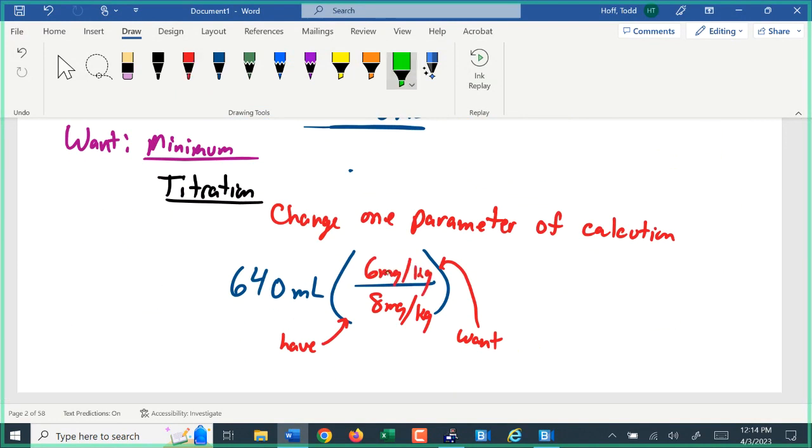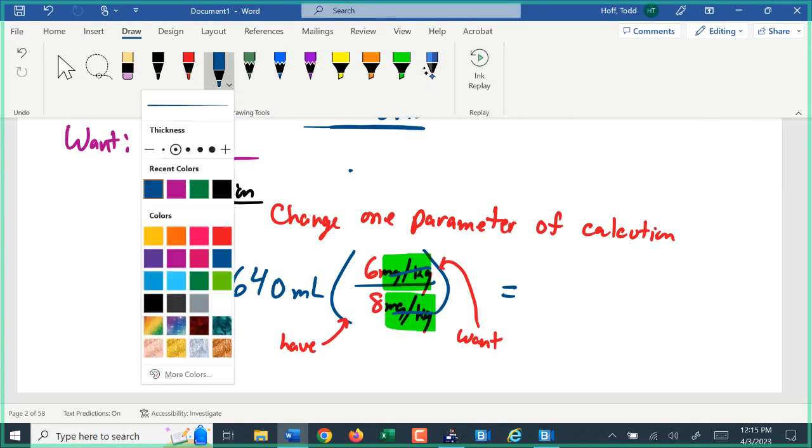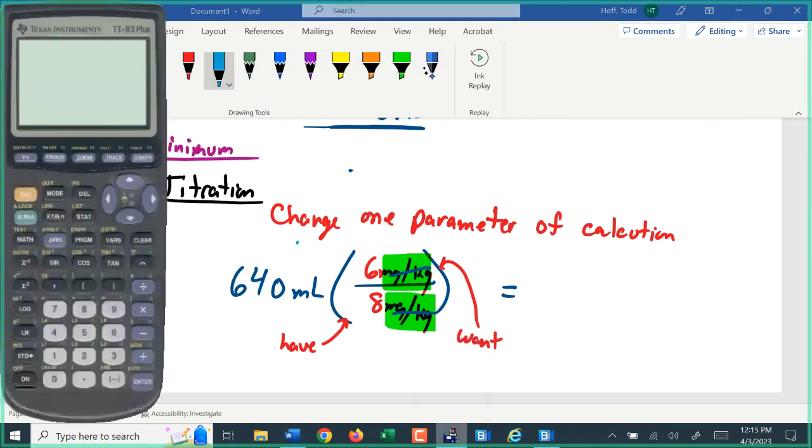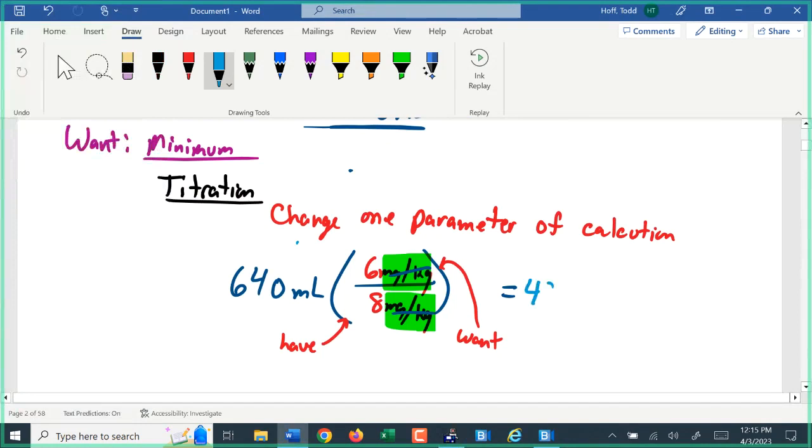Now, it's also very important here that these units are the same for both of these numbers in this ratio, so that they cancel out and they don't affect the calculation. So now we calculate this by doing 640 times the top number of 6 and divided by the bottom number of 8, giving us 480.